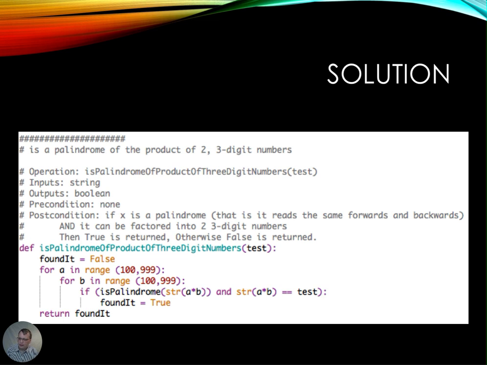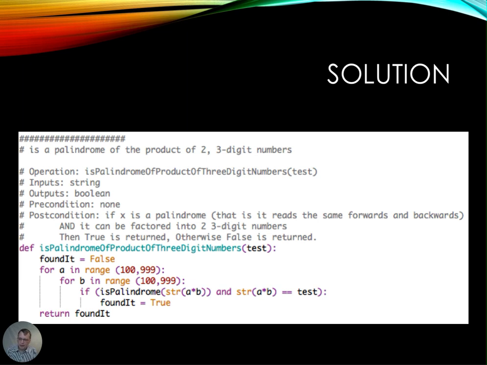Now you might have tried to do this by, for example, turning the string into an integer and dividing it by all the numbers between 100 and 999 to see whether you had an integer result. And that would have worked as well. You would still need to do a test to see whether the string itself was a palindrome. But I think that would be a very equivalent solution to the one that I've provided here.